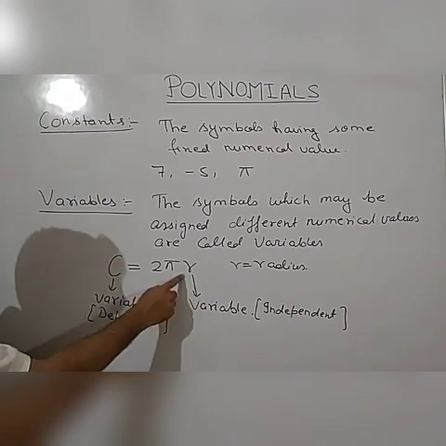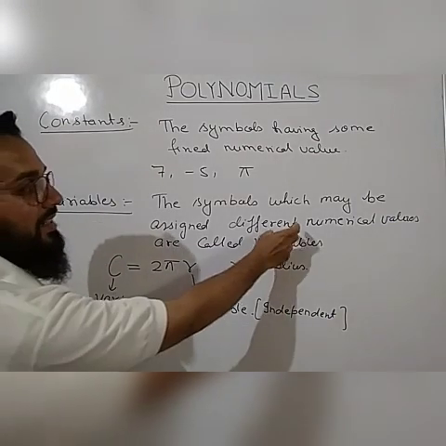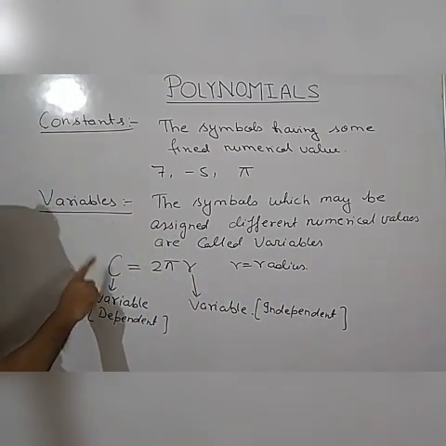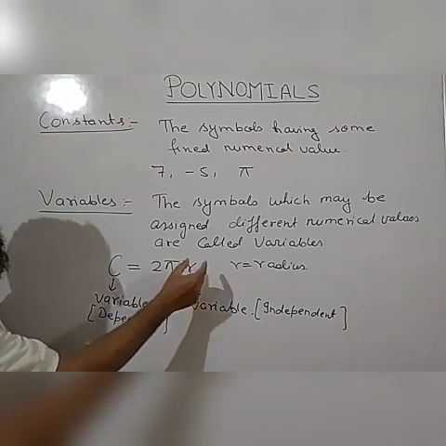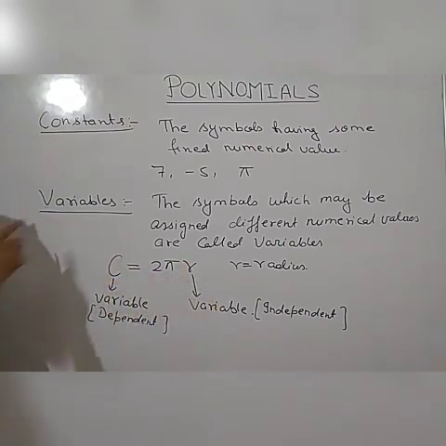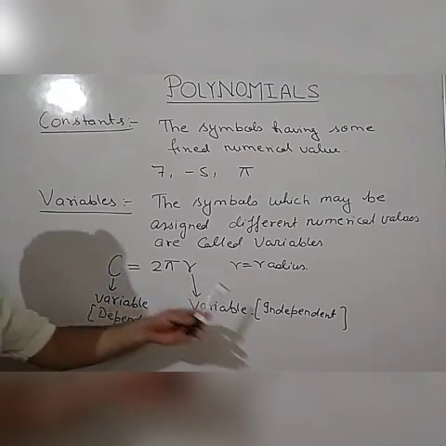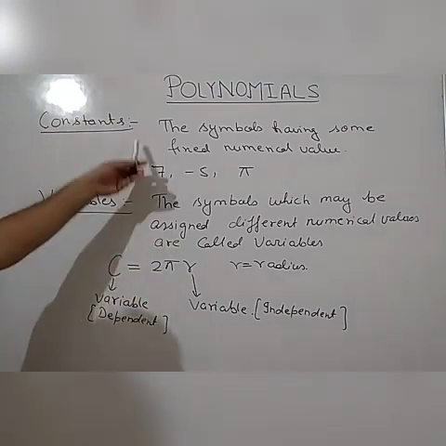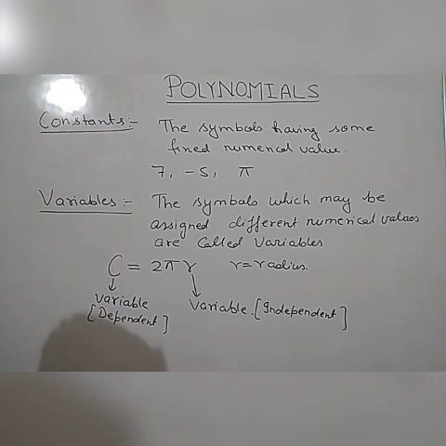So r is an independent variable because we assign it the numerical value, and c is a dependent variable because when we change r, c also changes. And a constant means a symbol having a fixed numerical value.